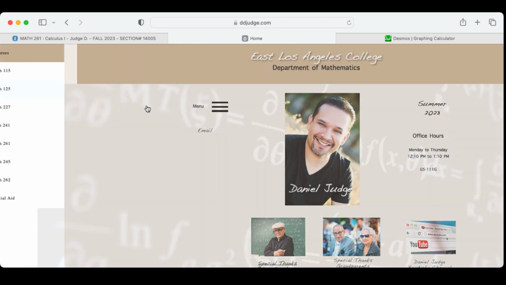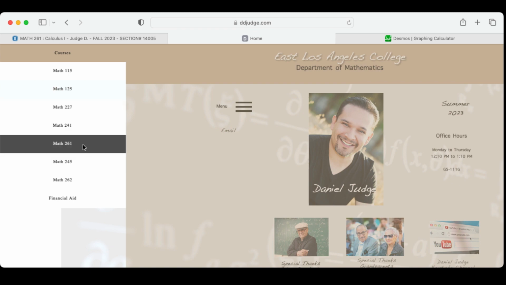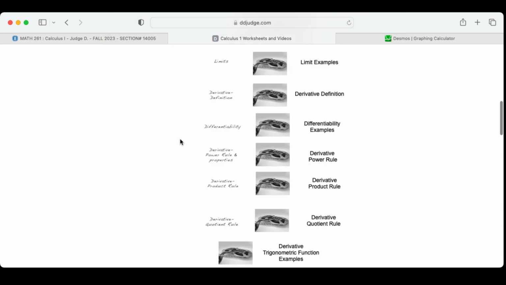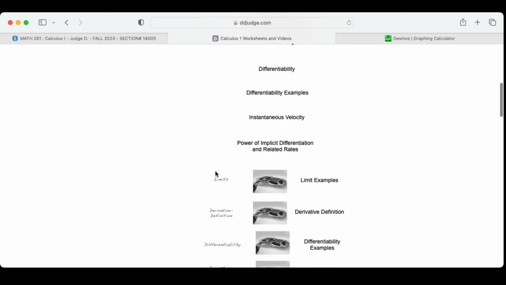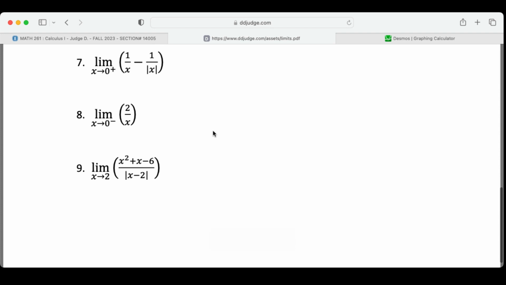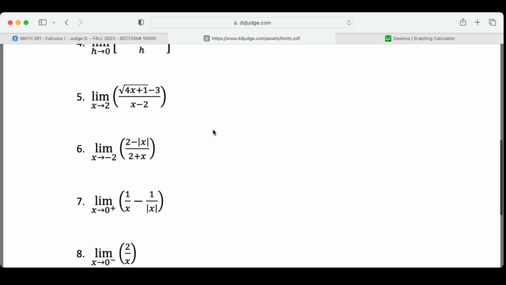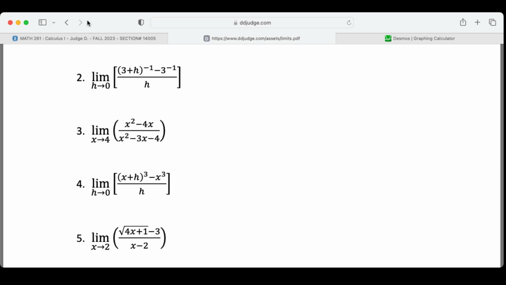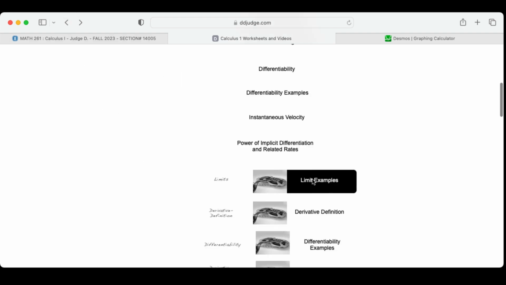Here you go. Where is it? 261. These are the resources I put up here, and it was under limits. Like I said, I did these examples from another term, and I try to stay away from these examples and give you different examples. They're all from the book. They're kind of bookish examples. So if you said, where do I get to see some of those? Well, it's over here.